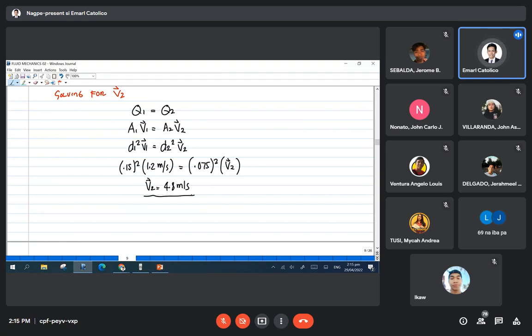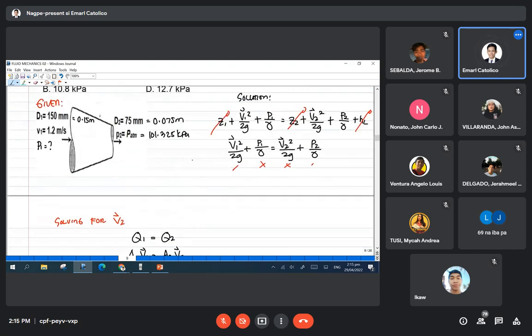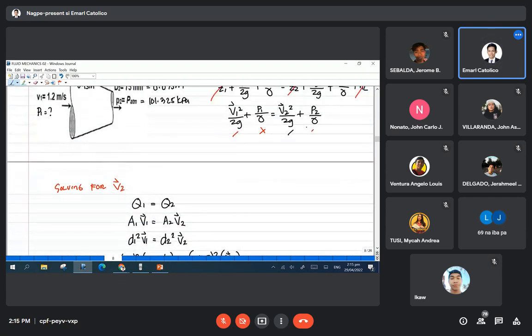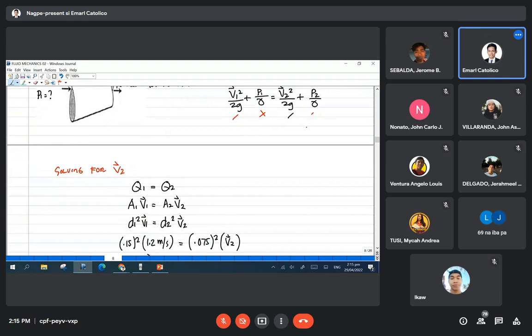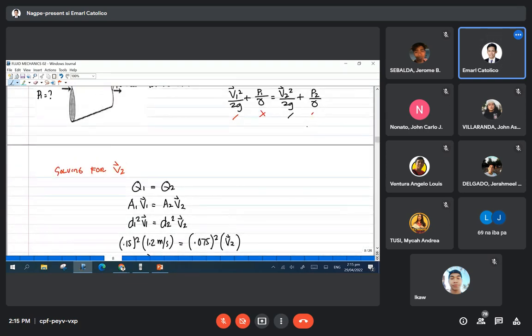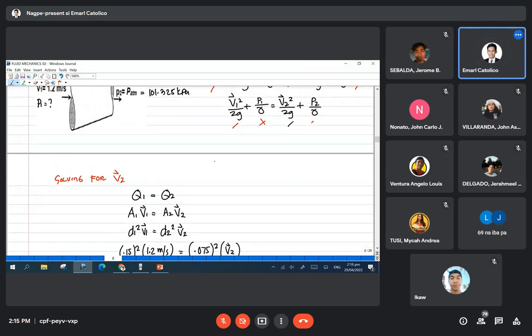Okay, then check na natin kung kaya na. I think kaya naman na, no? Kaya na masolve si P1. So, saan ko nilalagay? Ito na lang, no? Sa baba. So, therefore, okay, V1 squared natin is 1.2 squared divided by 2 times 9.81. Ang unit mo dito ay in terms of meters na, no?